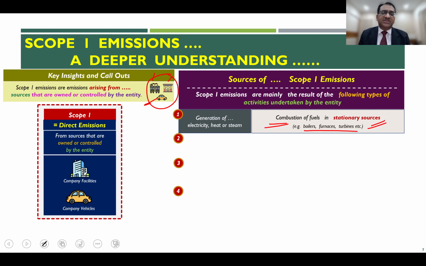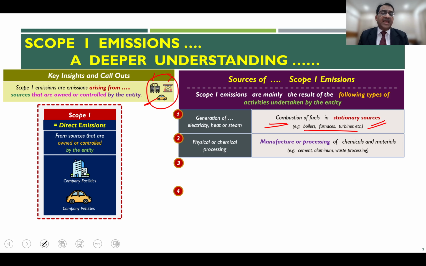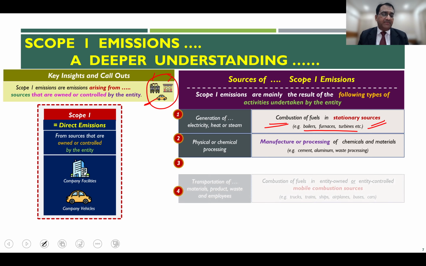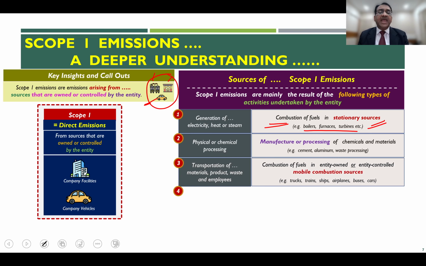Likewise, you may have manufacturing or processing of chemicals and materials, for example, for cement, aluminum, or waste processing. That would also be part of scope 1 emission. Likewise, the third category could be the combustion of fuels in entity owned or entity controlled sources, because the basic condition for scope 1 emission is that the source which generates emission must be owned or controlled by the entity.